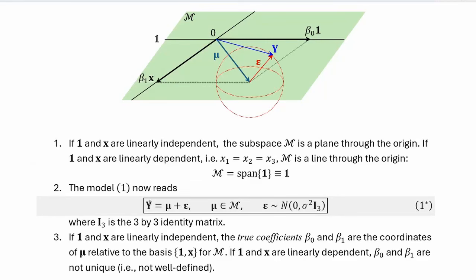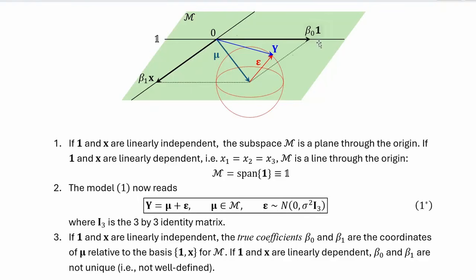The random response is a mean response plus a random noise vector, where mu is in the subspace M, and epsilon follows a normal distribution with zero mean and sigma squared times I3, where I3 is the 3 by 3 identity matrix.